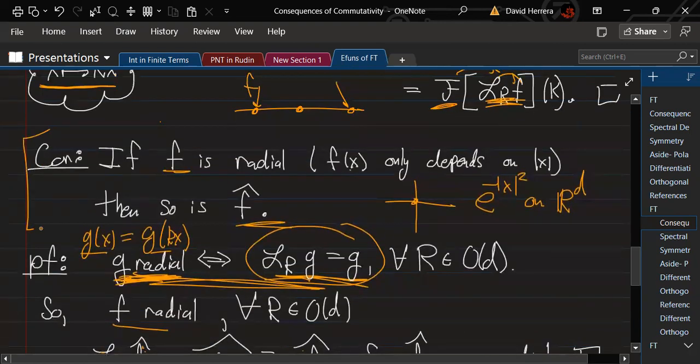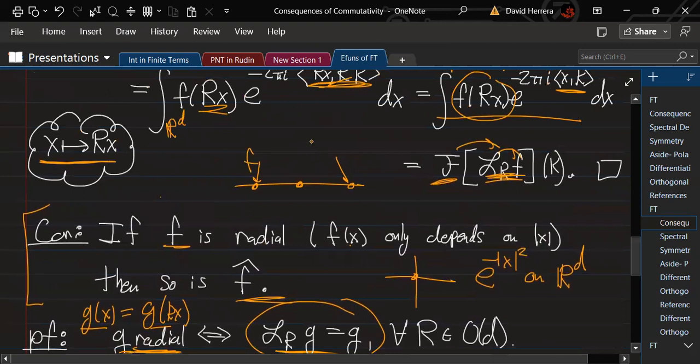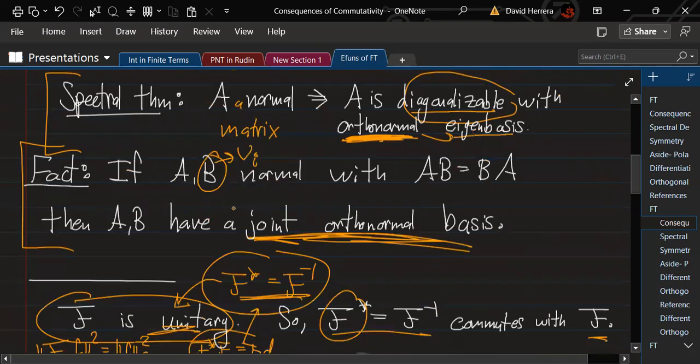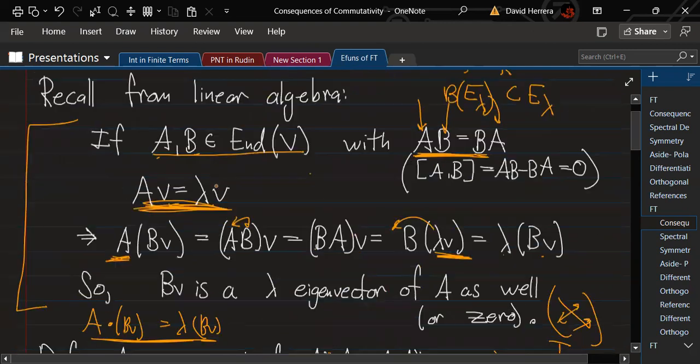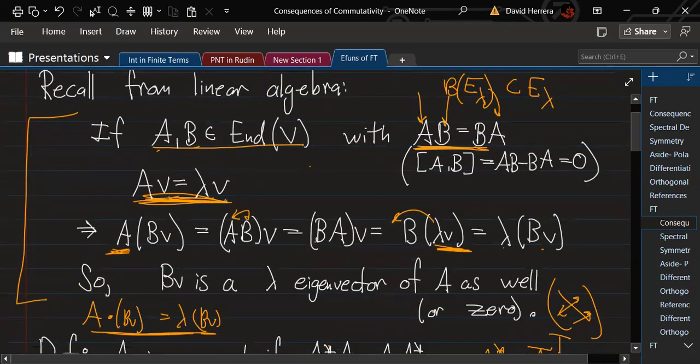And that just proves this corollary. So if you have a function that's even, you do this Fourier transform, it should be even. If you have a function that's constant on circles, if you do its Fourier transform, it will be constant on circles as well, if it's in R2. And that's secretly this example right here.